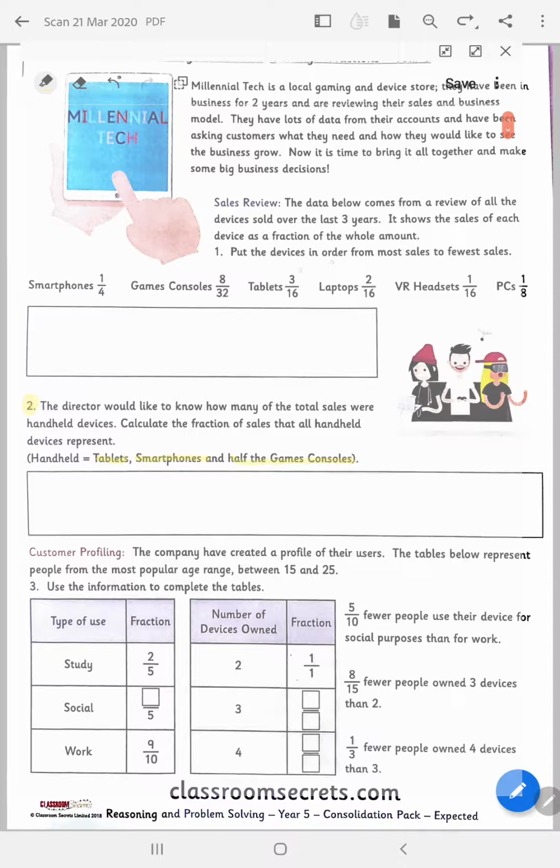We can see that tablets are 3/16 of the total sales, and smartphones are 1/4. Half of the games consoles, I'm just going to highlight it there, but we're not going to deal with that right now. We're just going to look at adding the 1/4 of smartphones and the 3/16 of tablets.